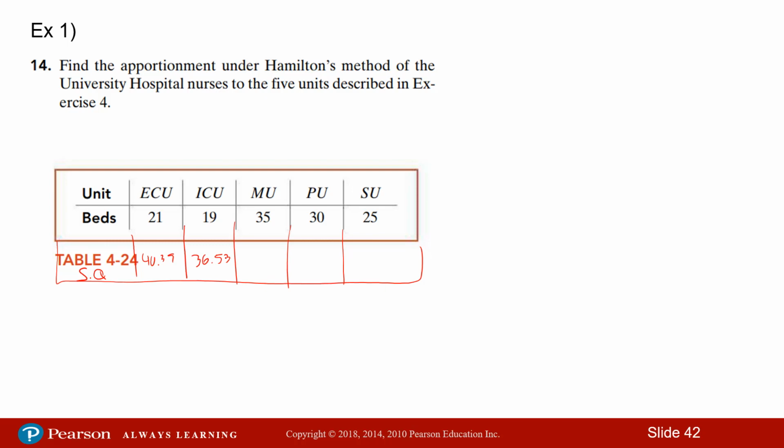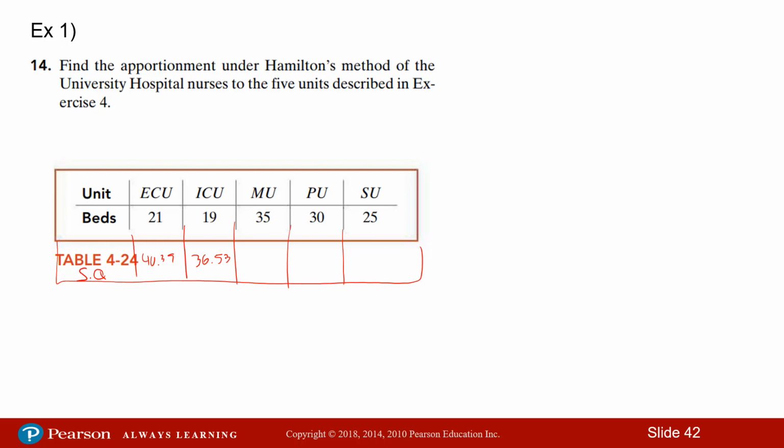Okay. So this one is the exercise problem. It's right after the finishing of 4.2. So we just talked about Hamilton's method, and I think as you go through this problem, you'll find out how to do it. We just finished talking about it here. So 35 divided by 0.52.